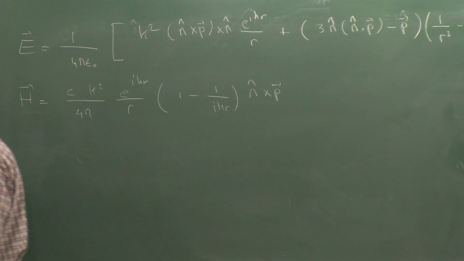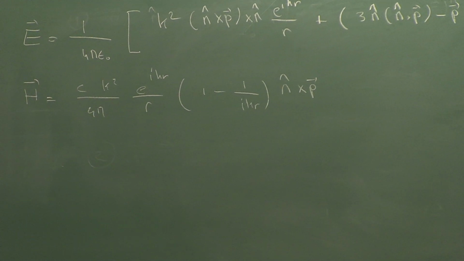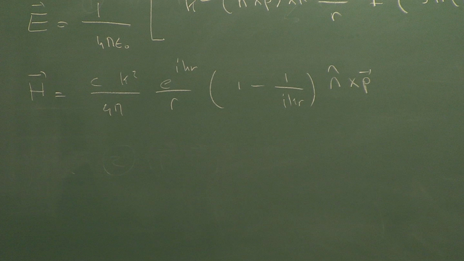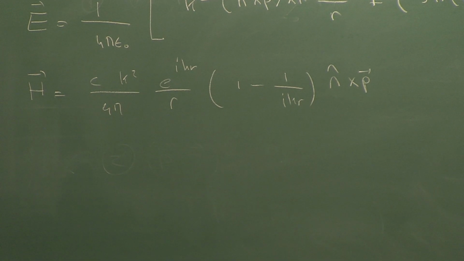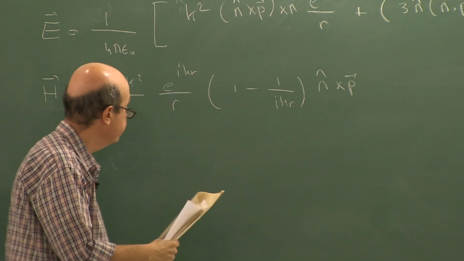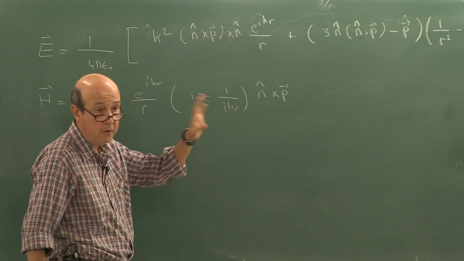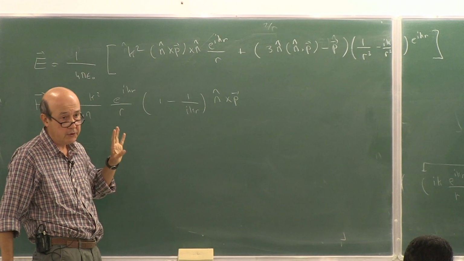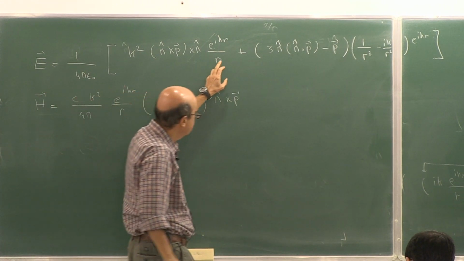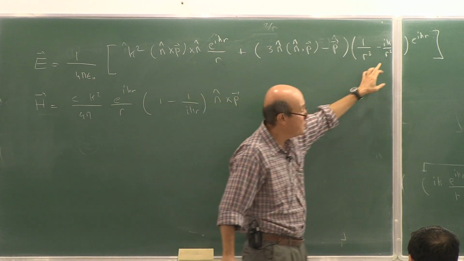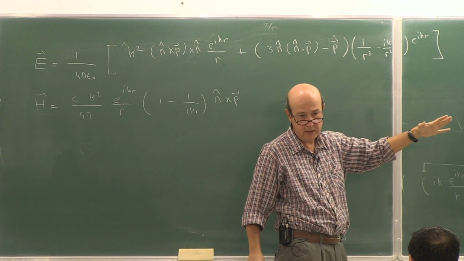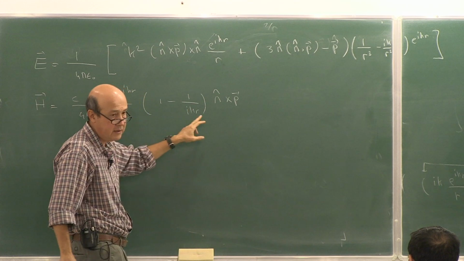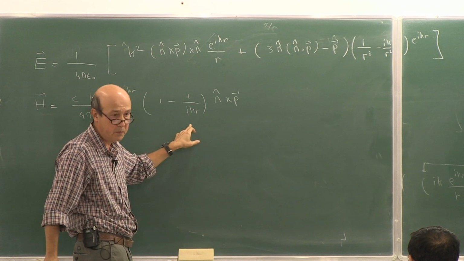So after a long derivation, we find something. And what are those? What you see here, if you go to the far distances, only dominated terms are what? 1 over r. 1 over r squared and 1 over r cubed die much faster. And here, if you go to the far distances, again 1 over r is important.